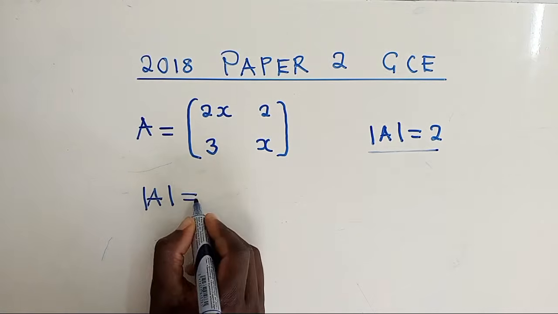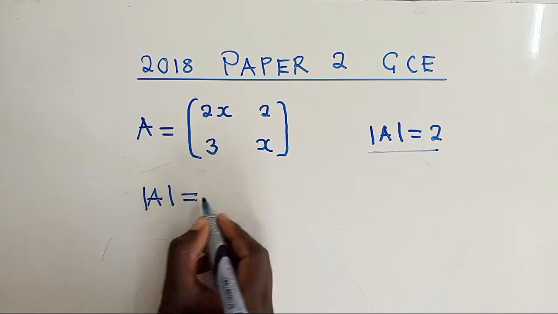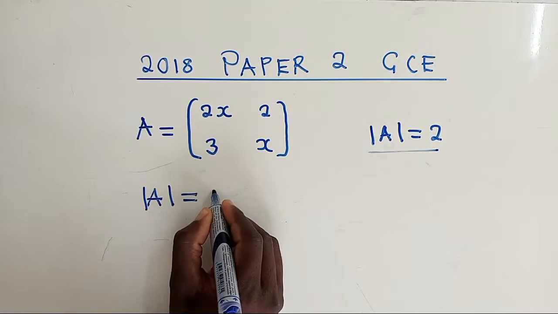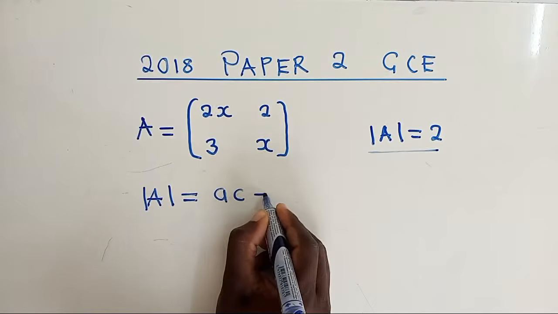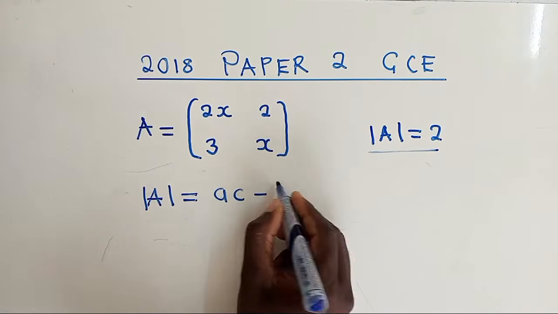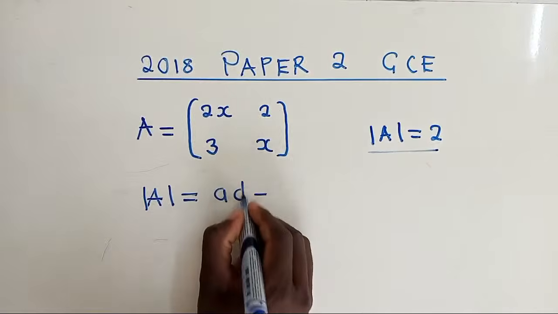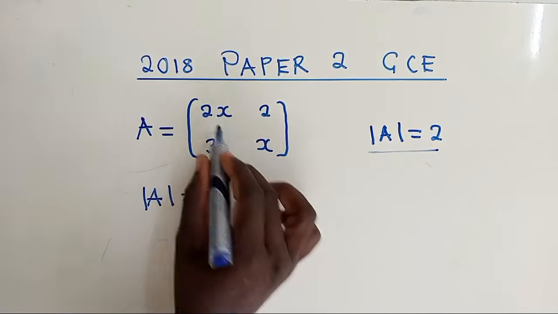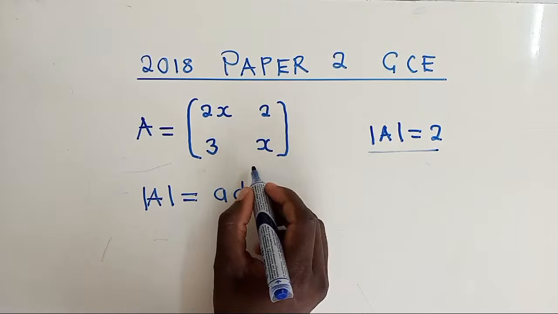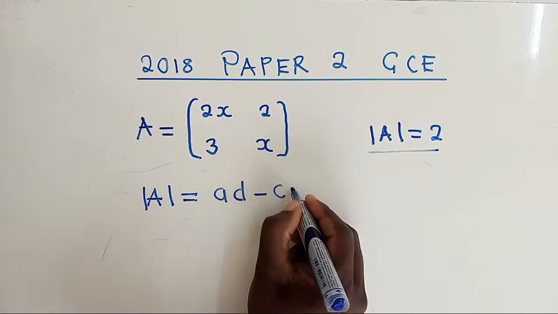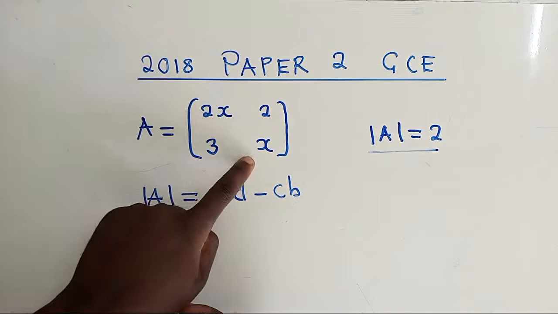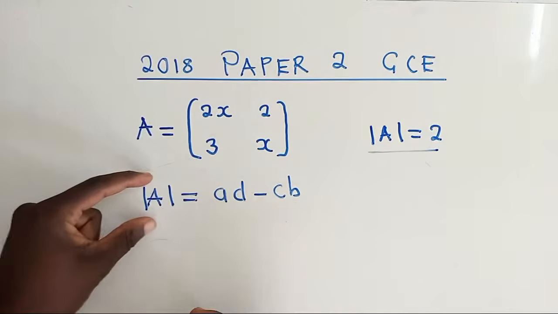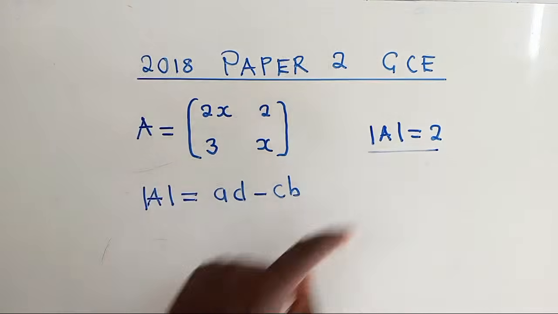When you want to find the determinant of a 2 by 2 matrix with entries A, B, C, D, you multiply A times D minus C times B. This is how you do it. You just multiply this times this minus this times this, and it will give you the determinant. And this is the determinant that we have.